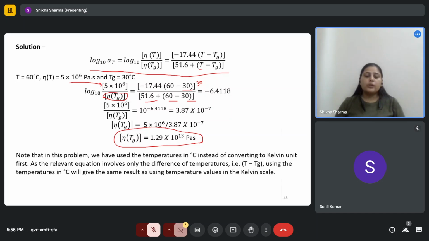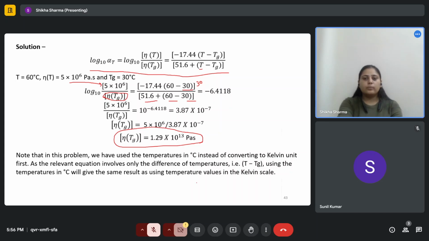In this WLF equation, we can note that the temperatures are taken in degree Celsius, not in Kelvin. Mostly in the formulas we take temperature in Kelvin, but here we are taking degree Celsius because a temperature difference is involved.